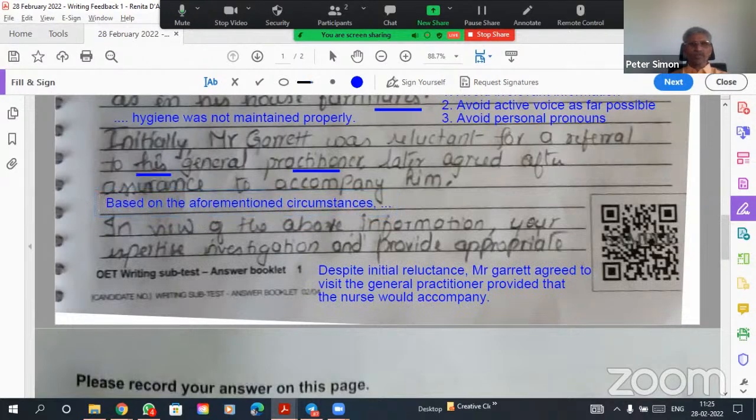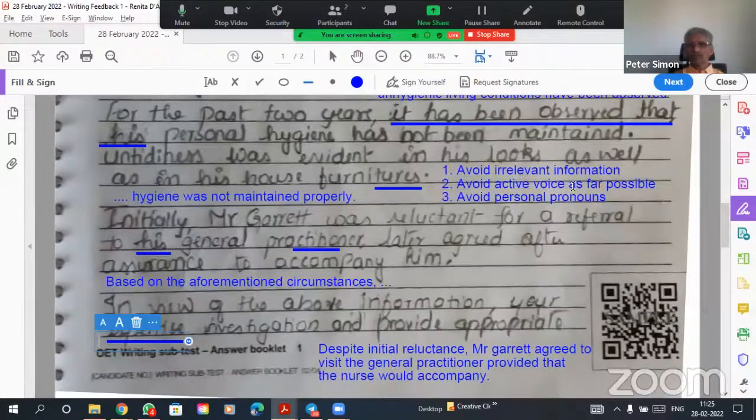Again, you are using expertise, investigation. One mistake is you are repeating the words. Avoid repetition. Another one is avoid repetition. Fourth point I am giving you: avoid repetition.